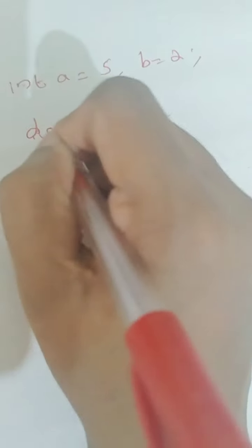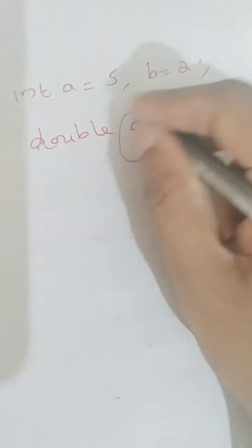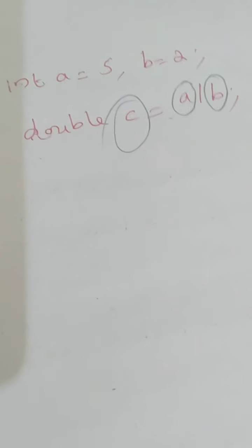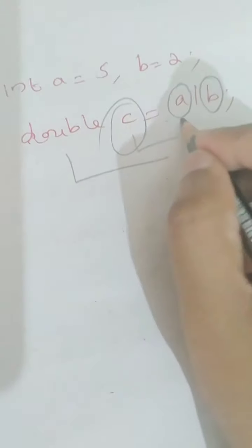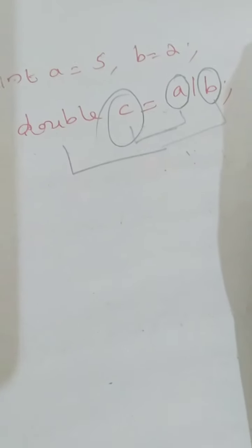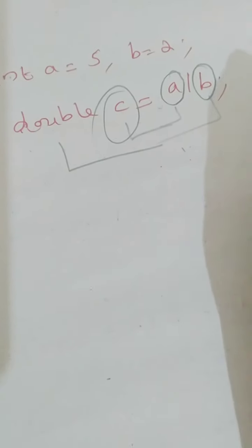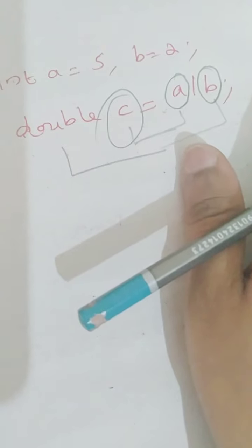Here int a is equal to 5, b is equal to 2, double c is equal to a by b. Here a and b are integer type, c is a double type. So mixed expression means the operands are of different types. It consists of operands of different type. This is known as a mixed expression.